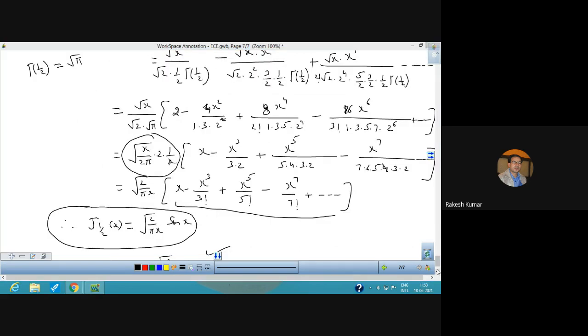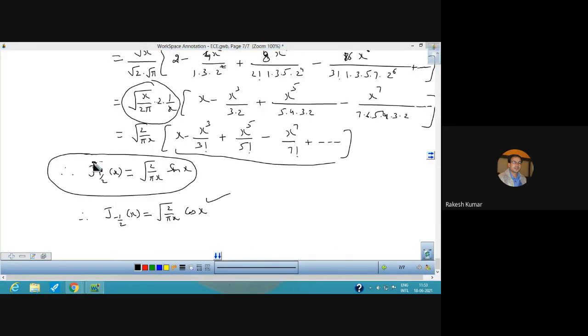Now in equation number 1 you can use these two values. So from 1, you can put the values, and you will have j minus 3 by 2 x is equal to minus j half x.